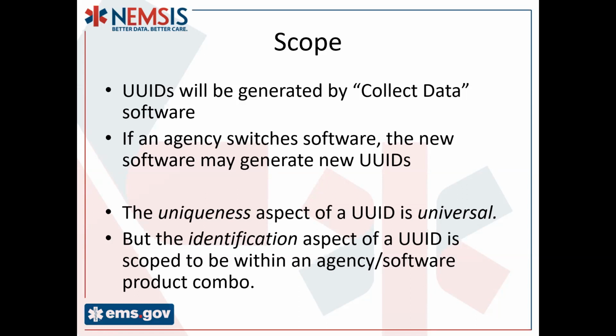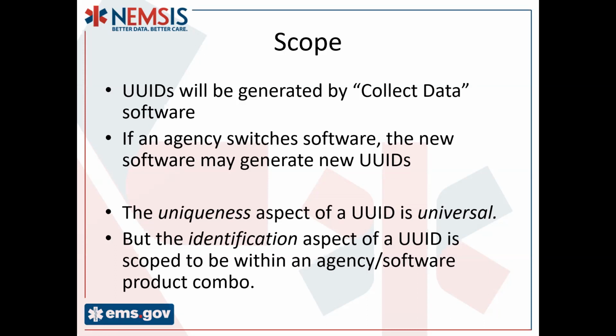So another way of stating this is that the uniqueness aspect of a universally unique identifier is universal. When a UUID is created, there will never be that same string, that same UUID, ever created again in the future to identify anything. So it's universal in that aspect. But the identification aspect of a UUID within NEMSIS has been scoped to be within an agency software product combo, an agency using a particular software product.